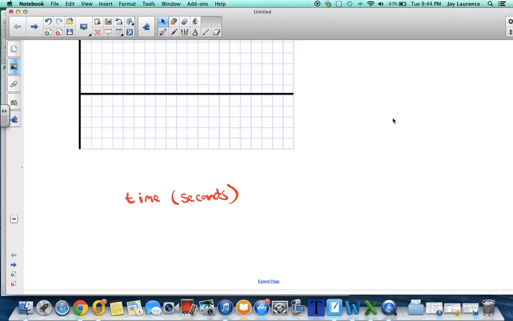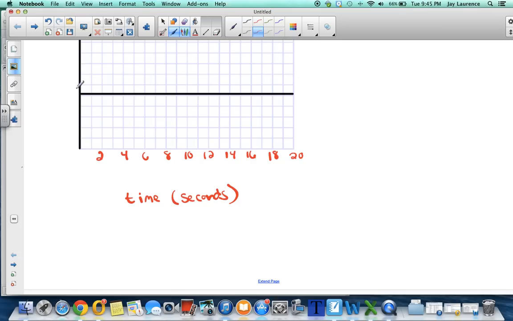And how long does the story take? Well, it looks like it goes through 18 seconds. So I think I might count by twos: 2, 4, 6, 8, 10, 12, 14, 16, 18, and then finally 20 seconds.